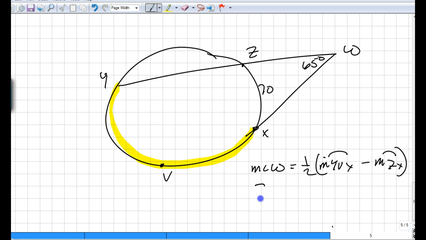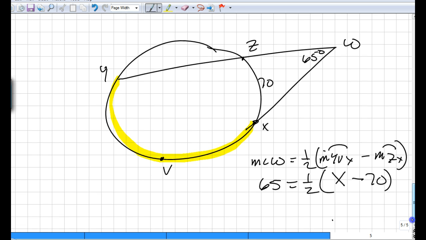Well, I know angle W is 65. I don't know measure of arc YVX, so I'm going to let that be X. And I know that arc ZX is 70. Okay? Then from there it's just algebra.